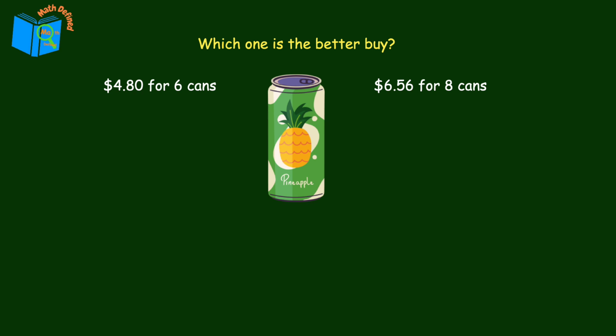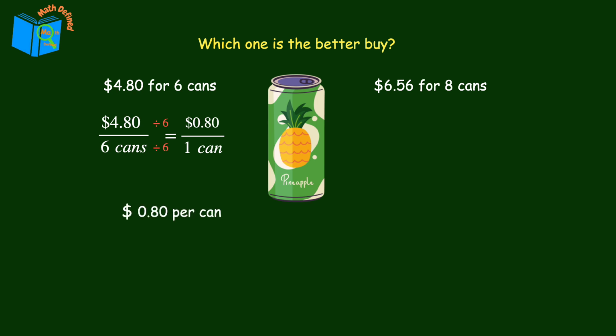We begin by writing the $4.80 for 6 cans as the fraction, $4.80 over 6 cans. We want to know the price of 1 can. We divide 6 cans by 6 to get 1 can, and then $4.80 by 6, which equals 80 cents, or 80 cents per can.